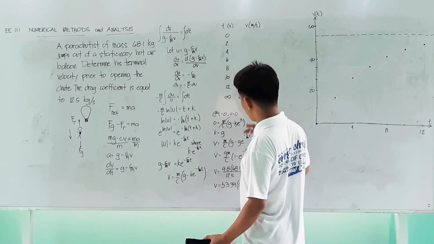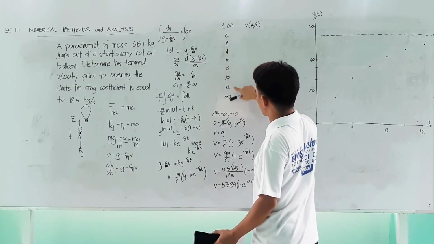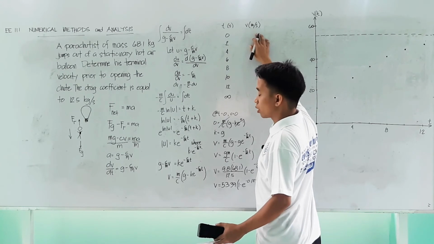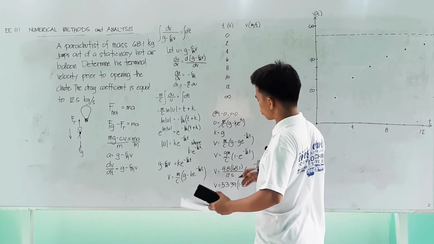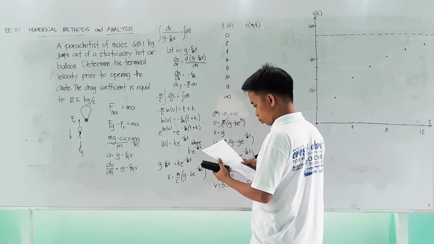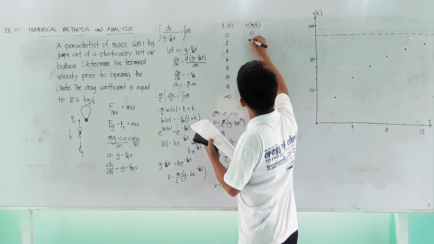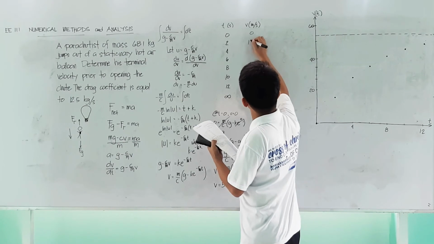If we are to substitute these values here, we will have our corresponding values of v, and that would be 16.